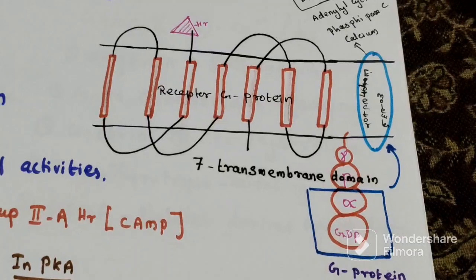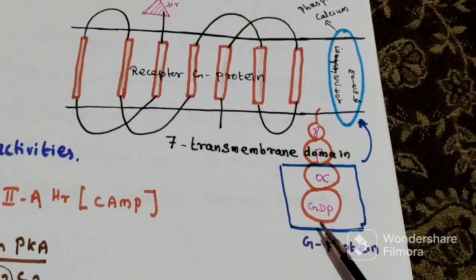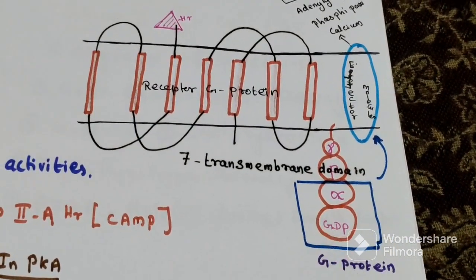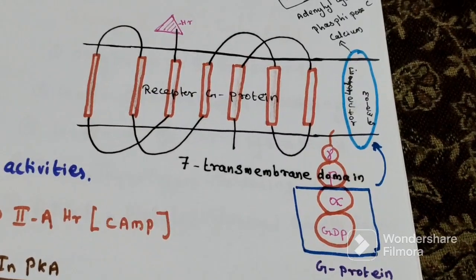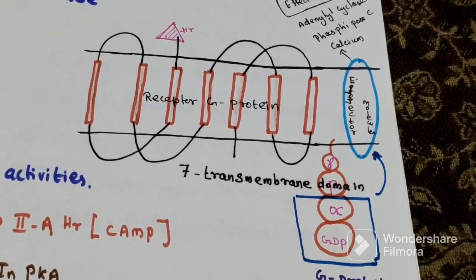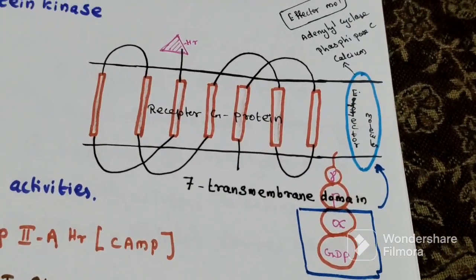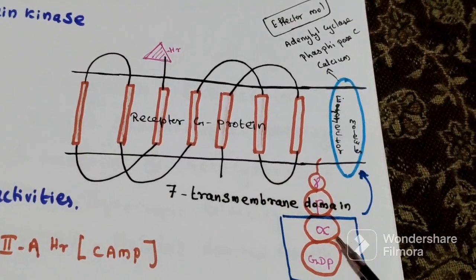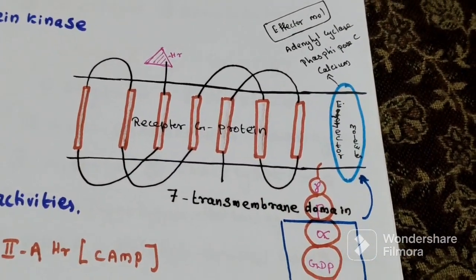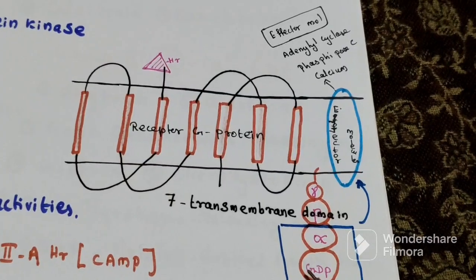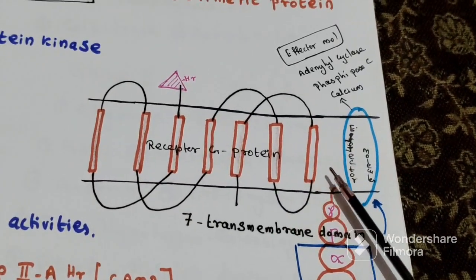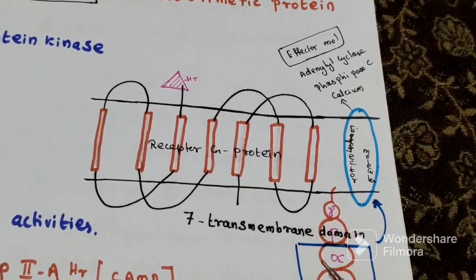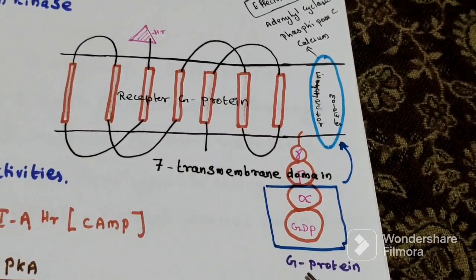On binding of the hormone to the receptor, activation occurs due to GTP, and this causes a conformational change in the 7 transmembrane domain.